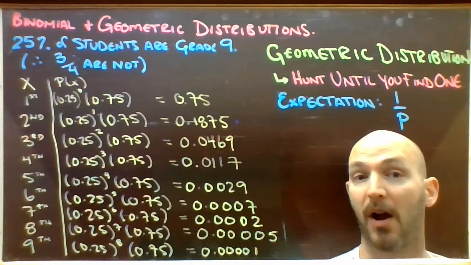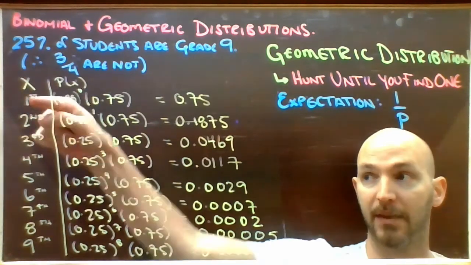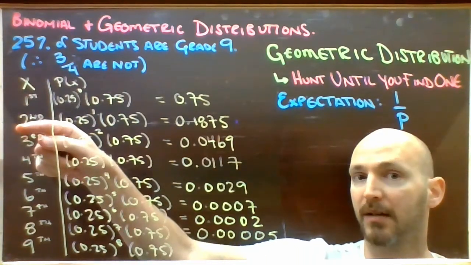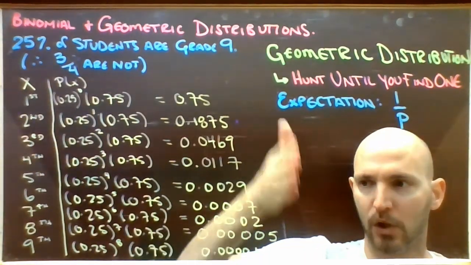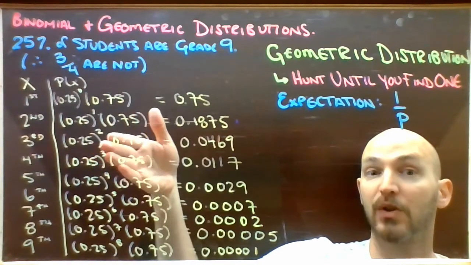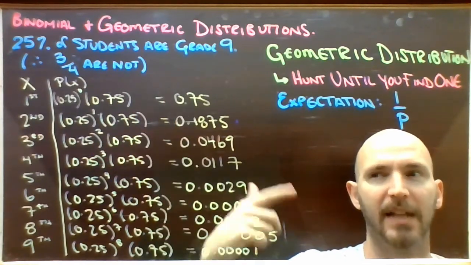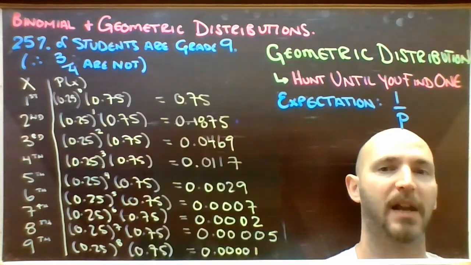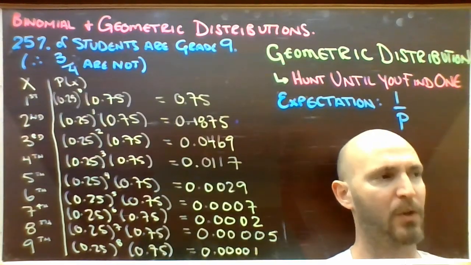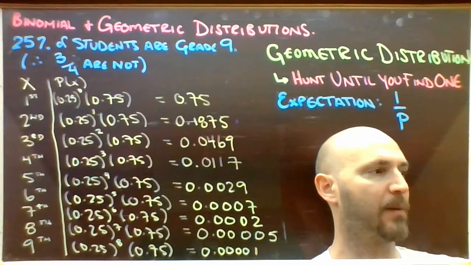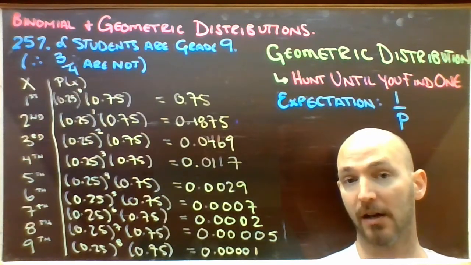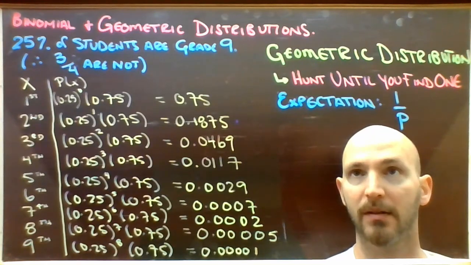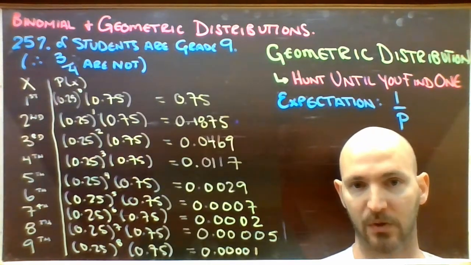So what's the probability that you find your keys in the first place you look? What's the probability that you find them in the second place you look? Because you're going to keep looking in places until you get your keys. And if that's the activity that you're doing, you are following a geometric distribution. So if you were to reach blindly into your cookie jar and keep pulling out cookies until you found a chocolate chip one, that's a geometric distribution.